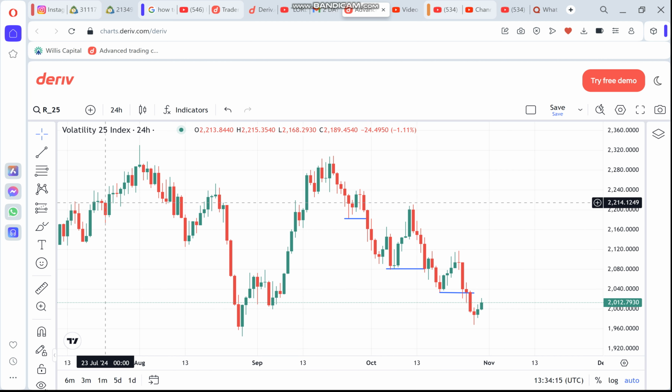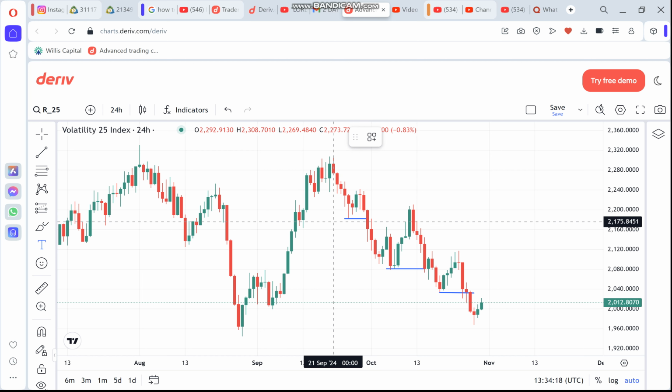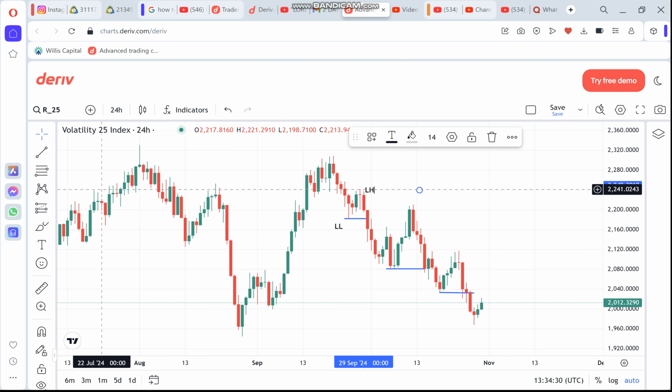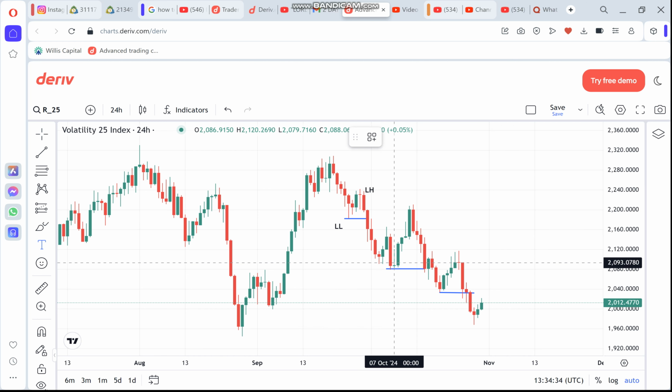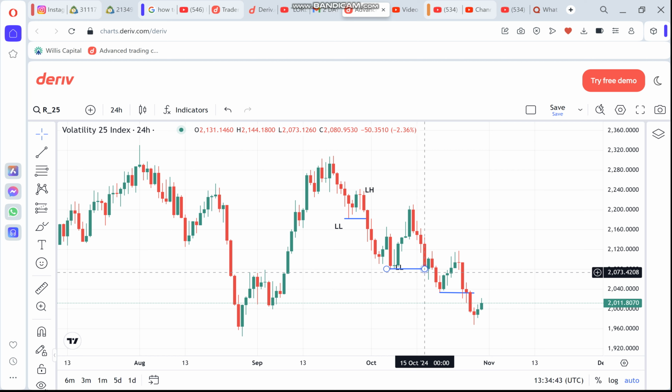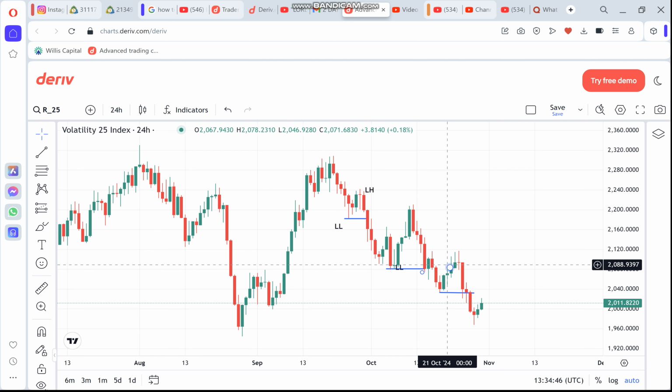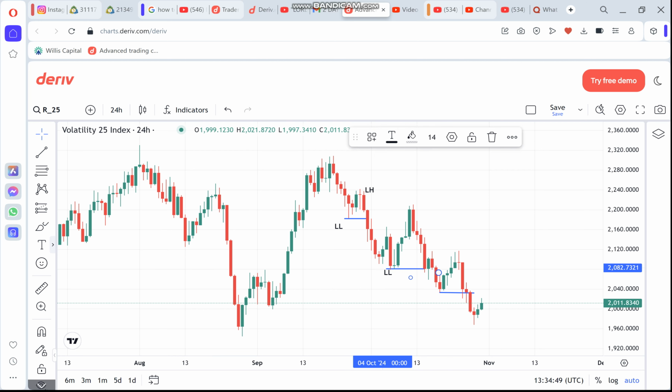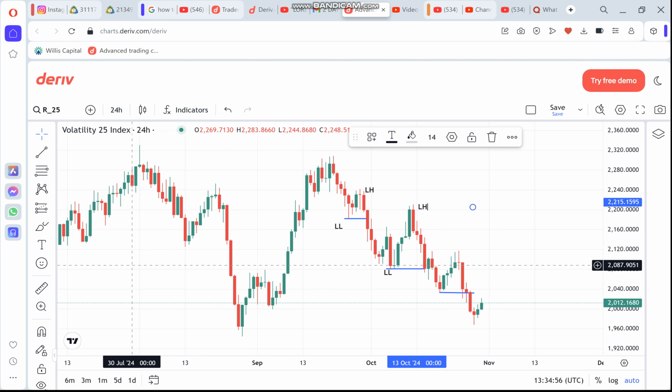Because we have our structure here. We have the structure created here, lower low and lower high, and here lower low, lower low there, and lower high here, lower high, and so on until there.